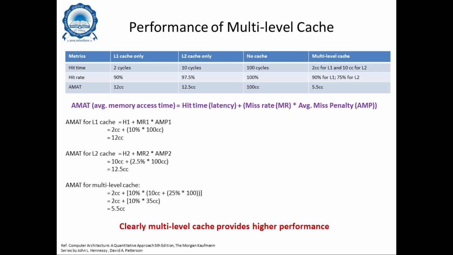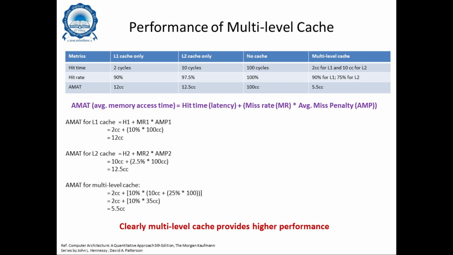Okay, now let's move to another type of example where we will try to see why multi-level caches are better in performance than single level caches, okay, or no caches at all. So as we know, the average memory access time is equal to hit time, that is the latency, plus the miss rate times the average miss penalty, which is AMP. So the values are given here.